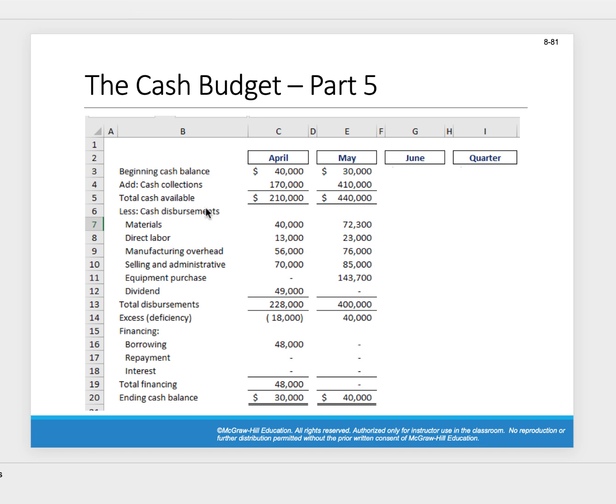I end up with $40,000, okay? At the end of the month, I have excess cash. I took in, including my beginning balance, $440,000. I disbursed $400,000. I have $40,000 left. We're not going to repay our loan. We're only going to repay it when we can repay the whole thing. So we have an ending balance of $40,000.